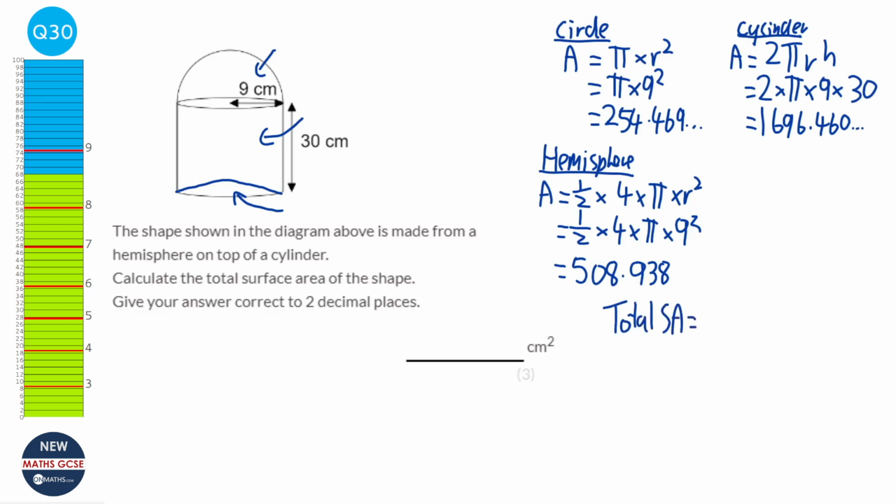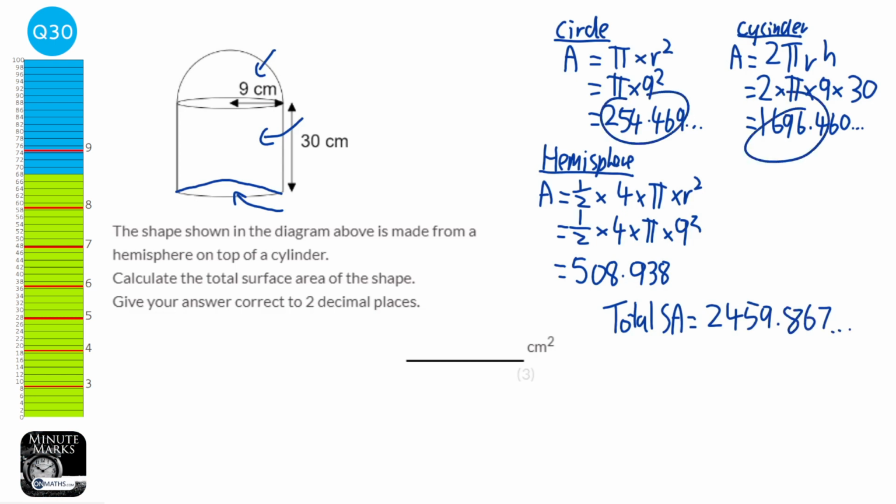And so the final thing is to work out the total surface area. And we're just going to add up all these numbers together. So we add up the 254.469, the 1696.460, and the 508.938. And we get 2459.867... Do make sure you show the examiner that you're adding these three here.